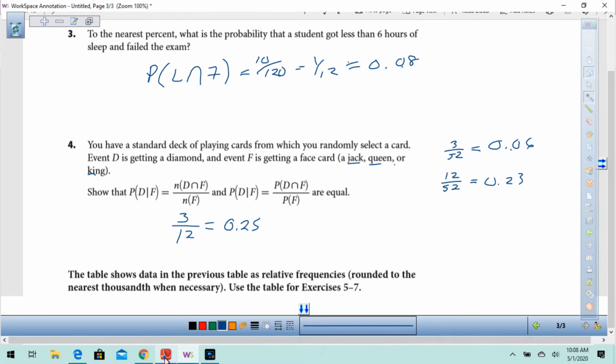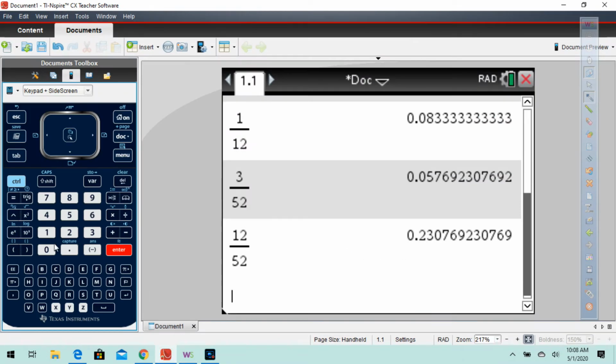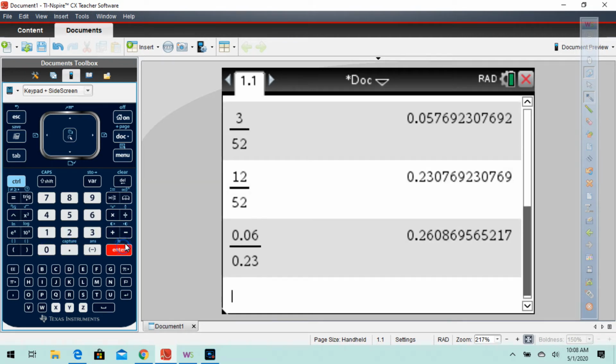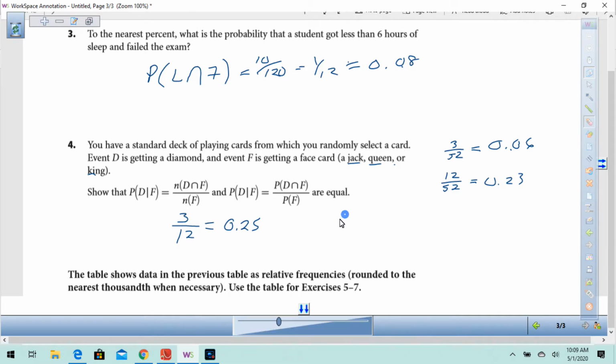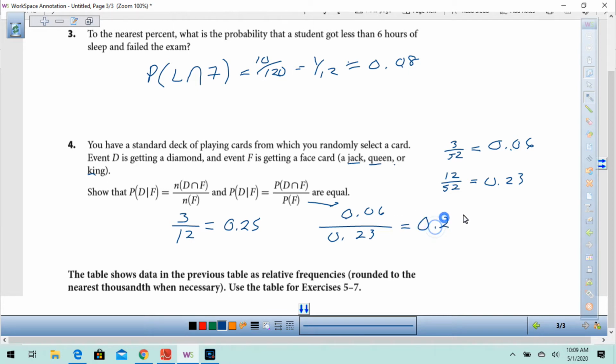Okay, so now let's try 0.06 divided by 0.23, and we get 0.26, which equals the probability we found earlier.